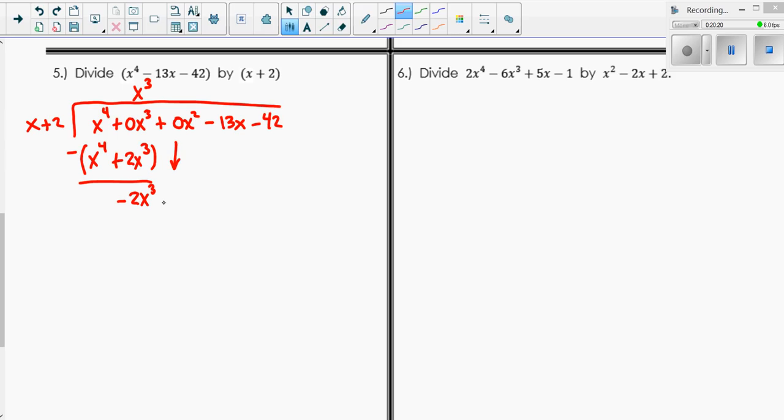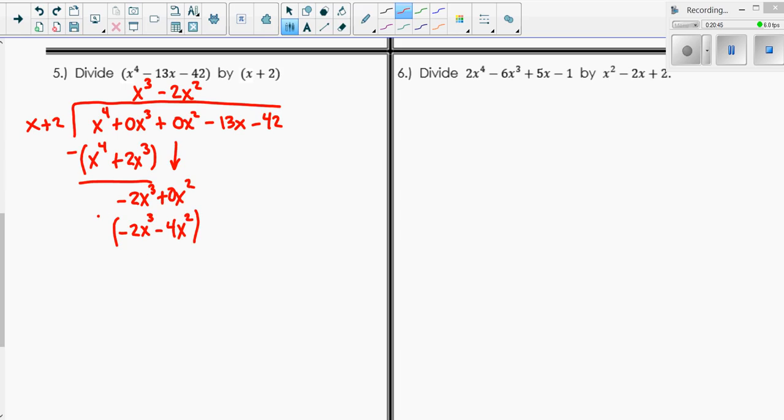I bring down positive 0x squared. Okay, I'm looking for a negative 2x to the third. So this has to be a minus 2, and it's got to be an x squared since it's above the x squared. Negative 2x squared times x gives me negative 2x to the third minus 4x squared.